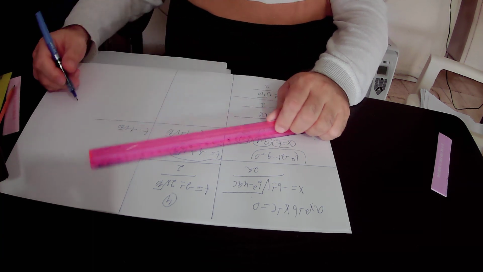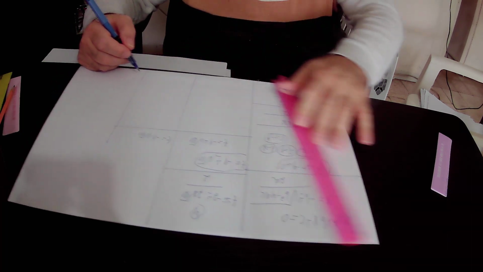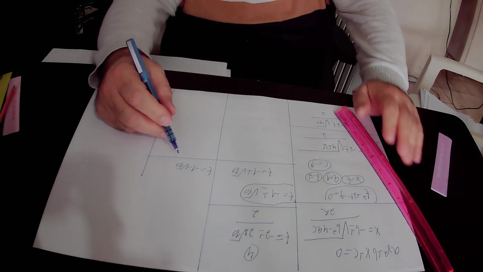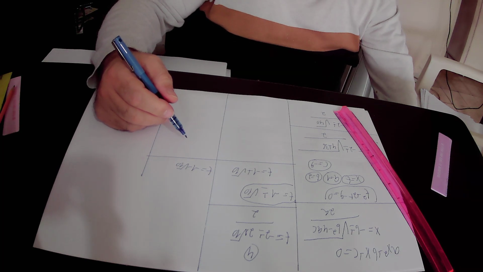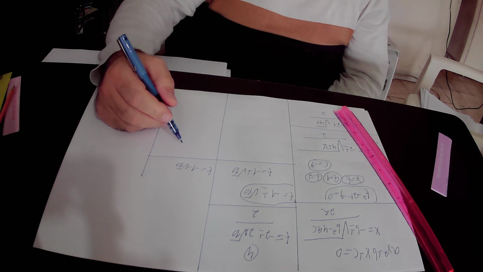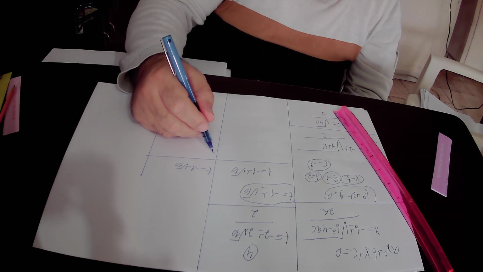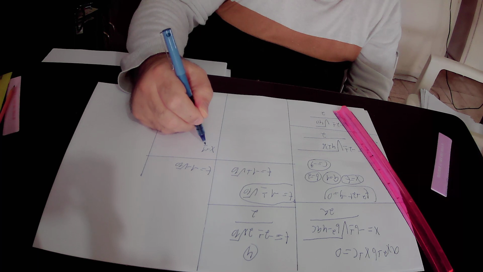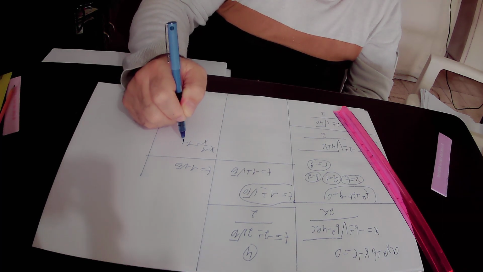We will focus on the second solution. The second solution is t equals minus 1 minus square root of 10. According to our definition, t equals x plus 1 over x. We'll substitute t by x plus 1 over x, and it equals minus 1 minus square root of 10.